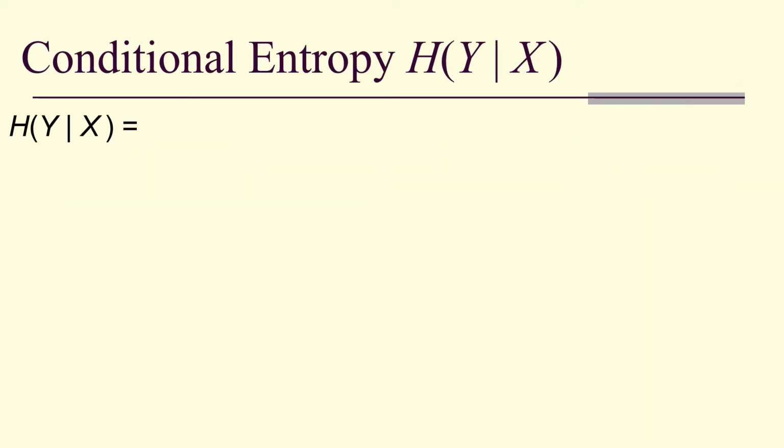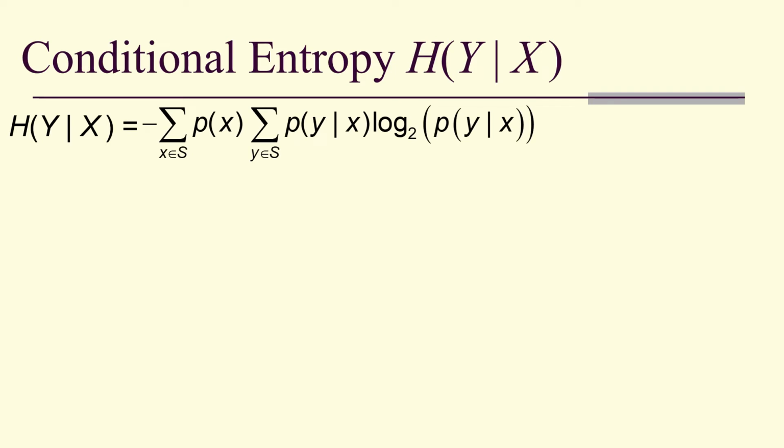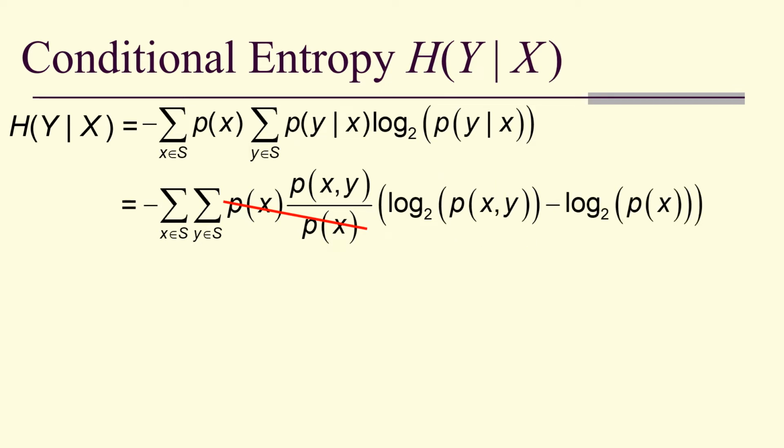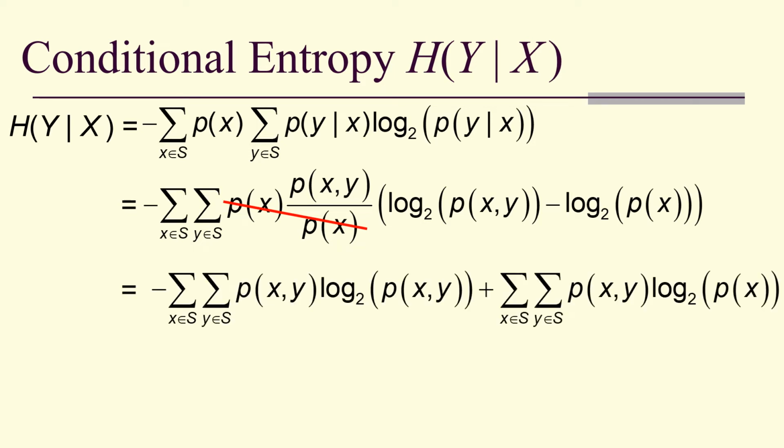So conditional entropy, we can write it as this sum, and there's the definition of specific conditional entropy. And we can then use the definition of conditional probability. We can interchange the sums, but now we can cancel those P of X's, and we can write our logarithm of the fraction as a difference of logarithms.